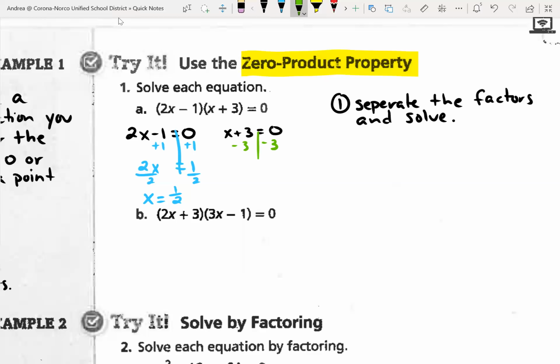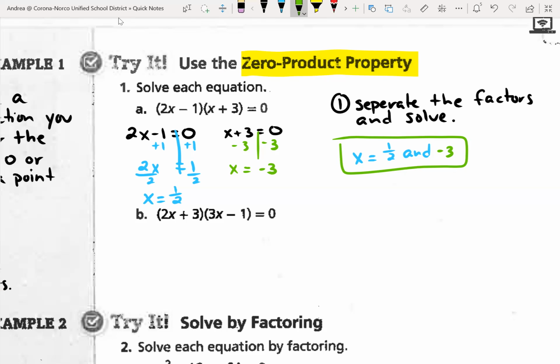That gives me x equals -3. So in order for this binomial to be a 0, x would have to be -3. So my solutions are x equals 1/2 and -3. Those are the solutions to that quadratic function.